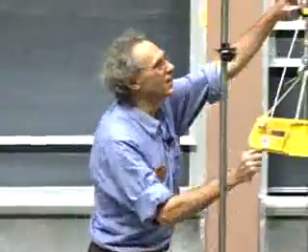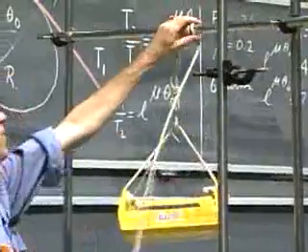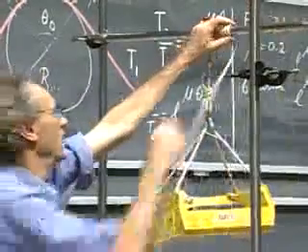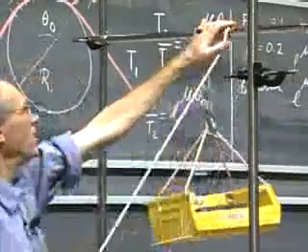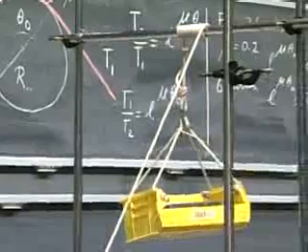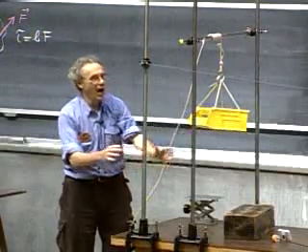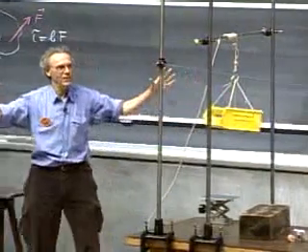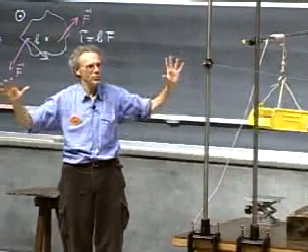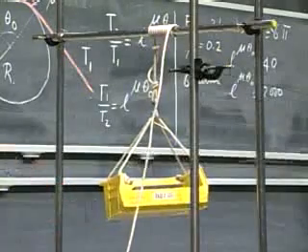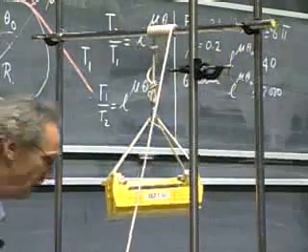Not yet. Put a few more on. 1, 2, 3, 4. We have 12 windings now. And the weight of the rope is now sufficient to balance the 30 kilograms. So you see this in action now. This is a marvel.